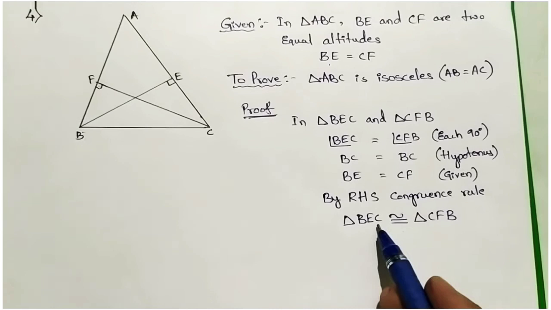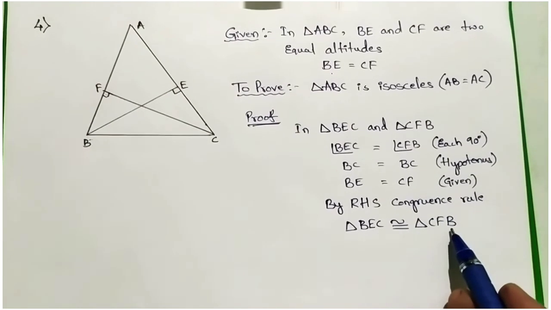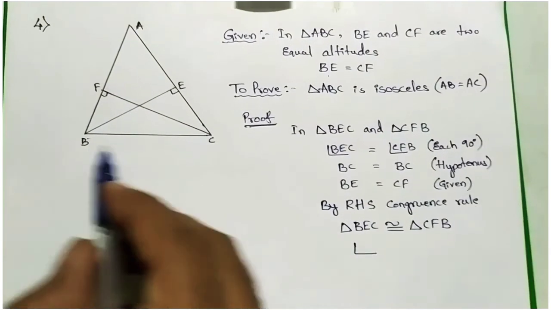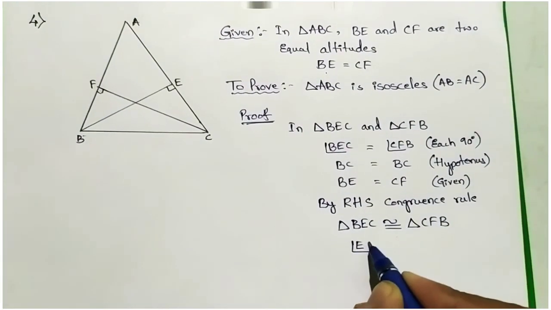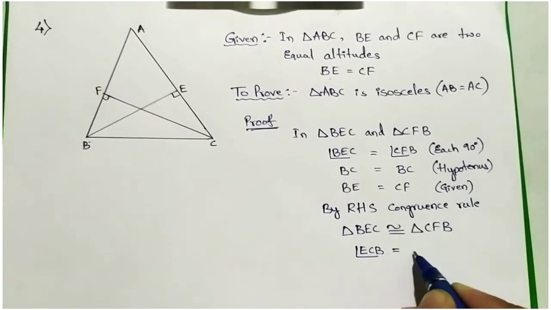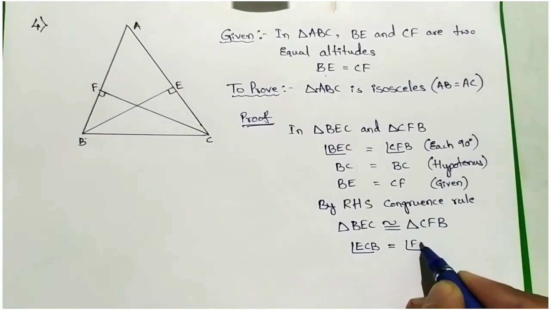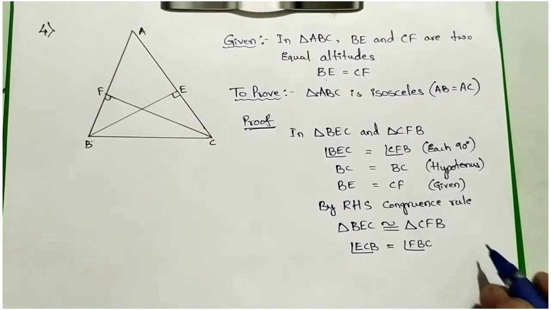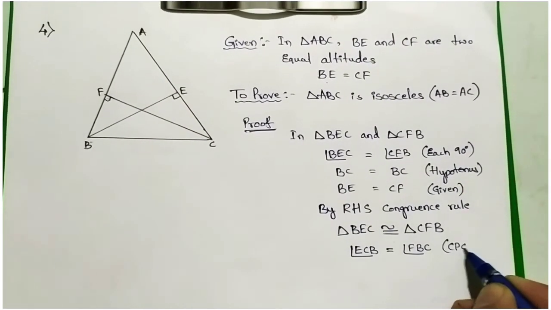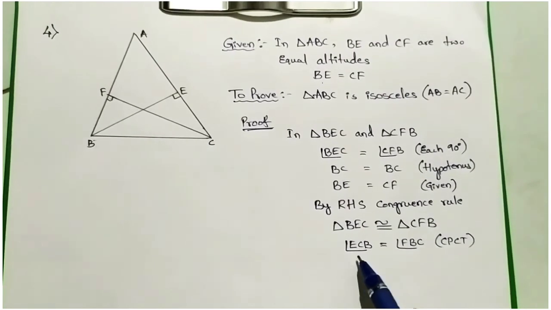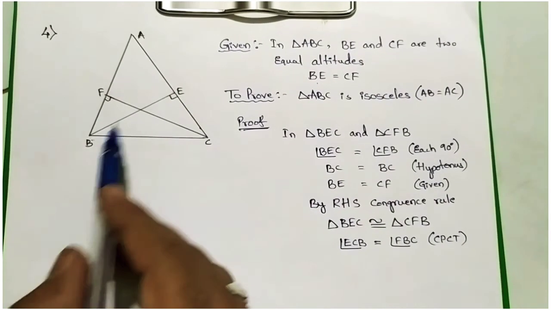Okay, so BEC is congruent to CFB, then angle ECB equal to angle FBC, because of CPCT, corresponding parts of congruent triangles. So what is ECB?